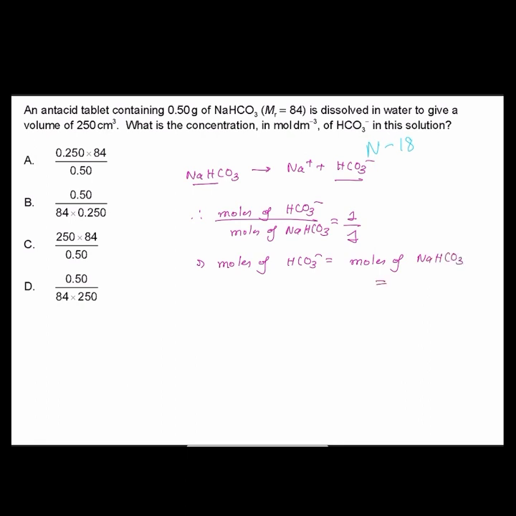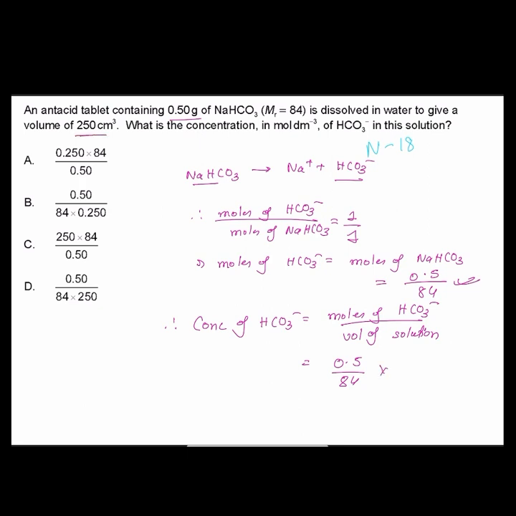So I can say moles of HCO3 minus would be equal to the moles of NaHCO3. Moles of NaHCO3 is 0.5 divided by 84. Now, concentration of HCO3 minus is moles of HCO3 minus divided by volume of solution in decimeter cube. Moles of HCO3 minus is 0.5 by 84, which we derive from this step.